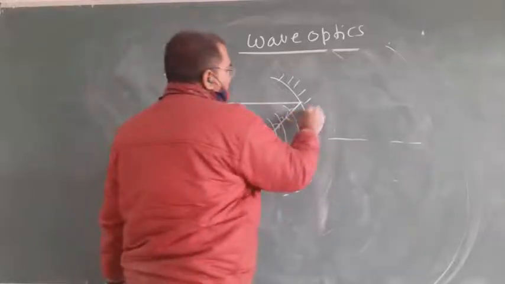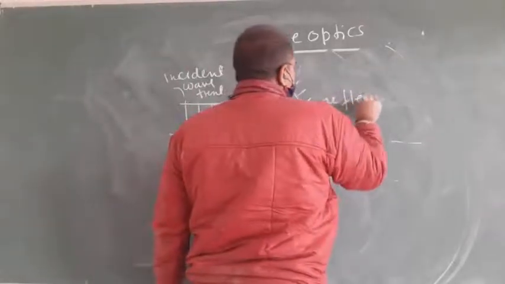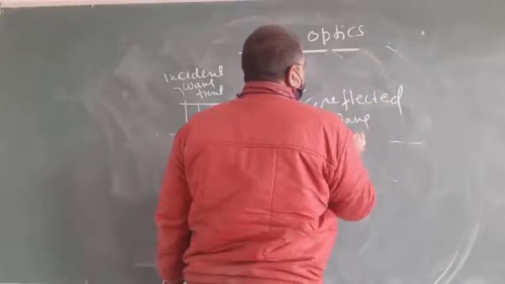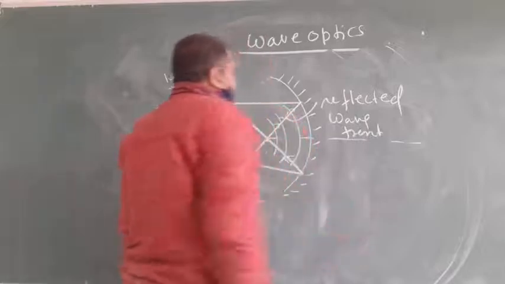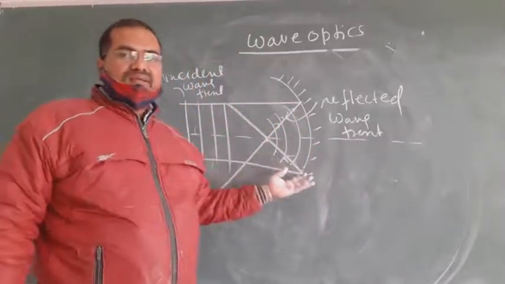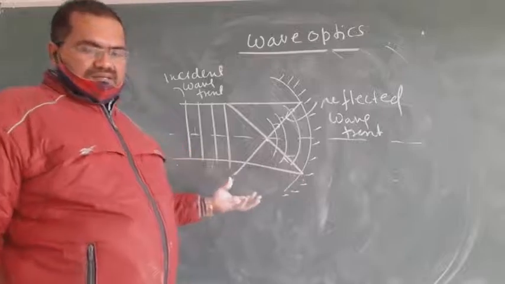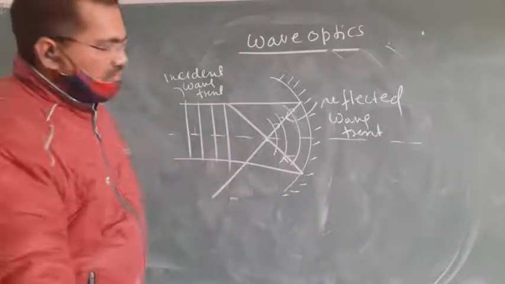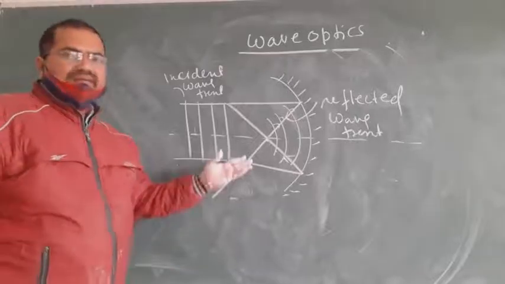So these are the reflected wavefront. The incident wavefront is planar, but the reflected wavefront will be spherical due to the converging mirror. So you can make the diagram.